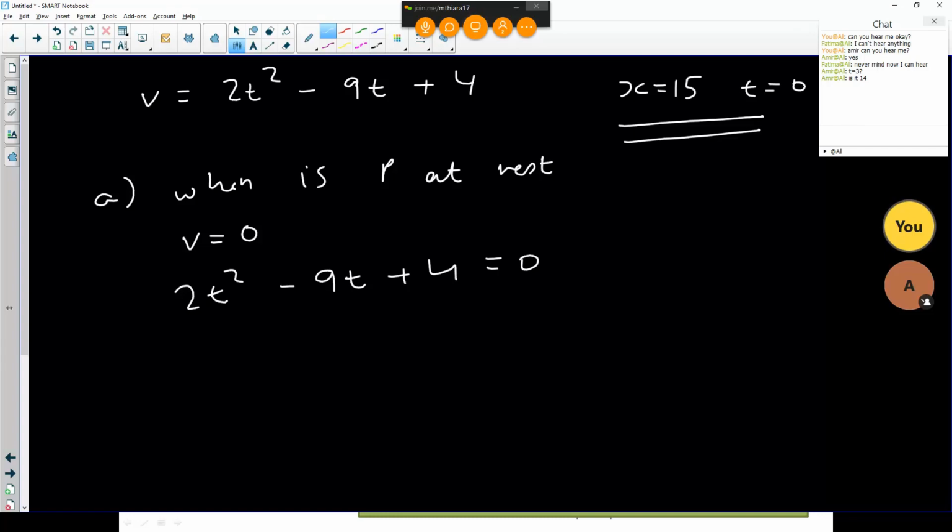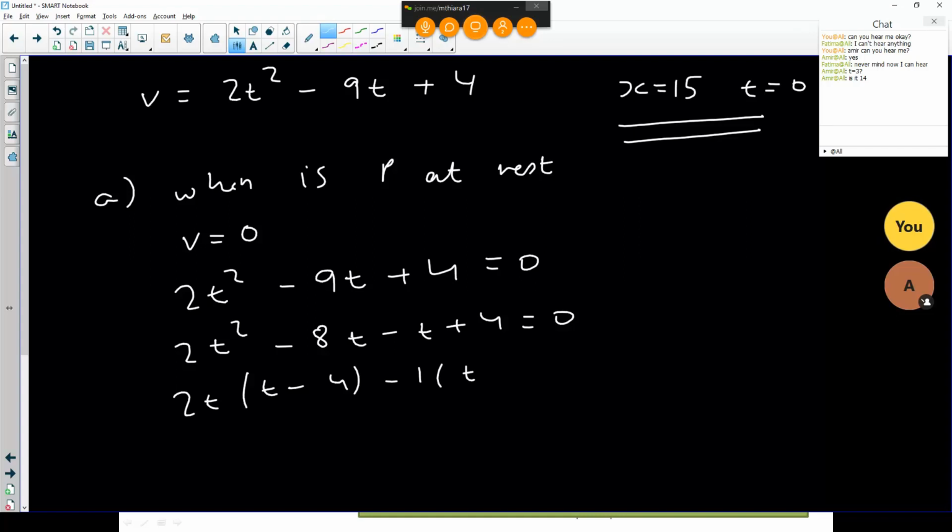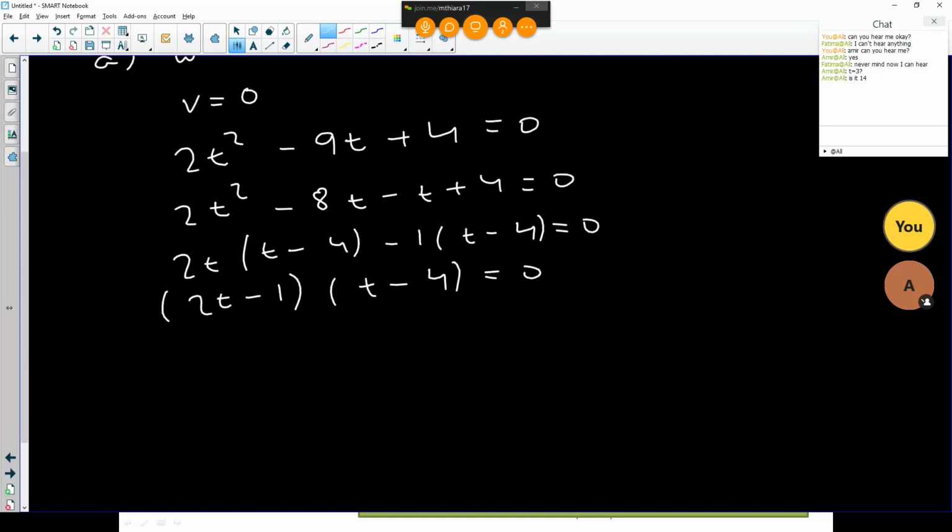Factorizing this, I get 2t squared minus 8t minus t plus 4 equals 0, so 2t(t minus 4) minus 1(t minus 4), which gives (2t minus 1)(t minus 4) equals 0. Solving that, I get t is equal to a half and t is equal to 4.